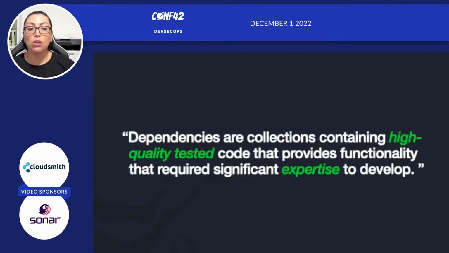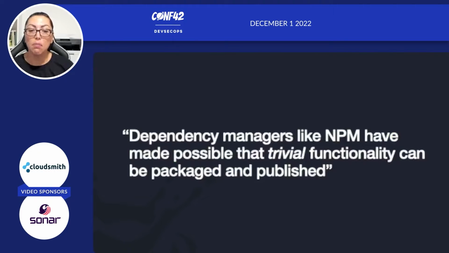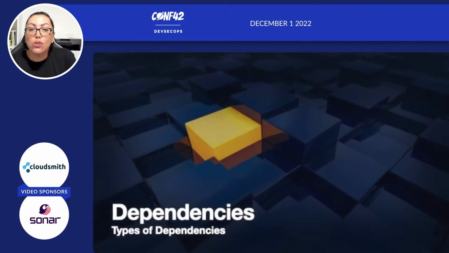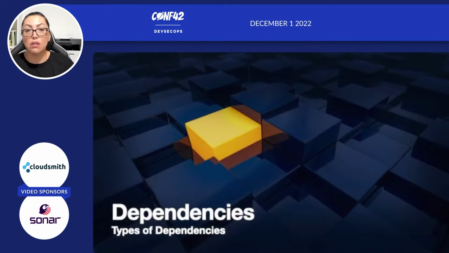Dependencies are a collection containing high quality tested code that provides functionality, and that functionality requires significant expertise to develop. This is true. Dependency managers like NPM have made it possible that almost trivial functionality be packaged and published. That is also true. So we have noticed that there is, in a spectrum, really complex libraries or applications or frameworks and trivial functionality out there.